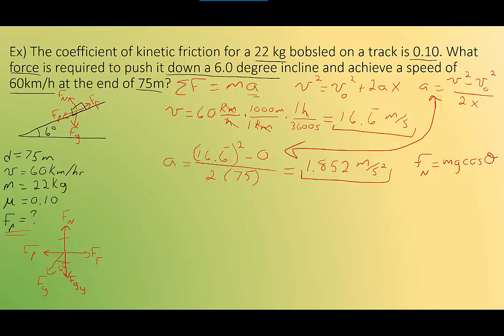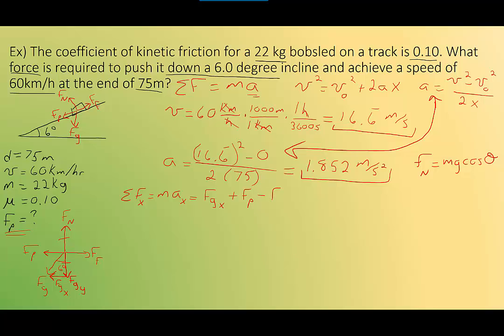With that, we can then look at the sum of the forces in the x direction will be mass times acceleration in the x direction. That will come from looking here. We have the force of gravity in the x direction. We also have the push force in the same direction, it's in the direction of motion.